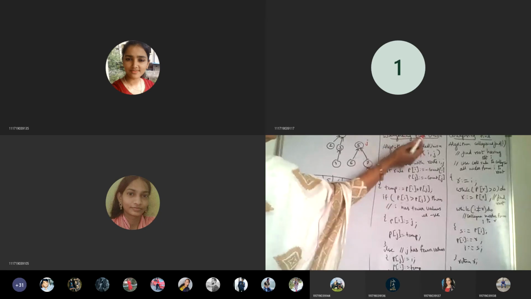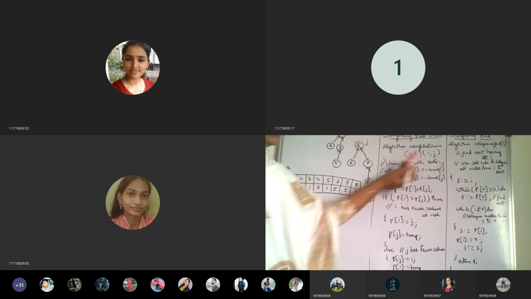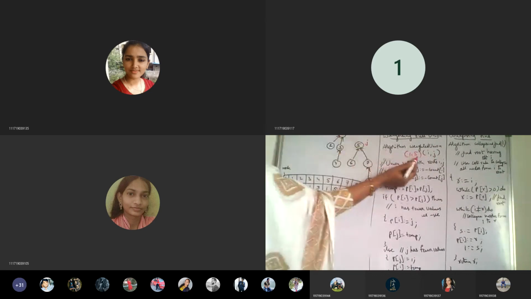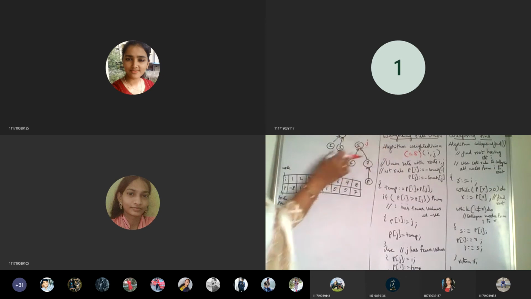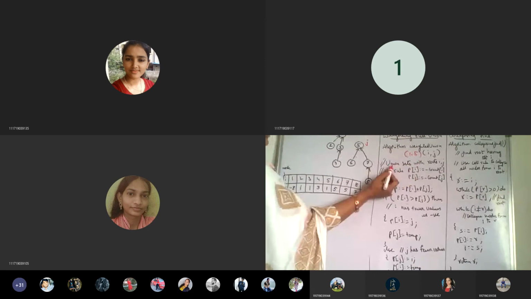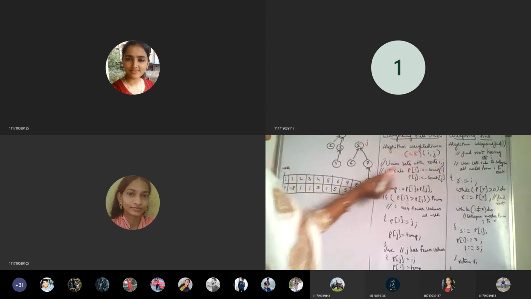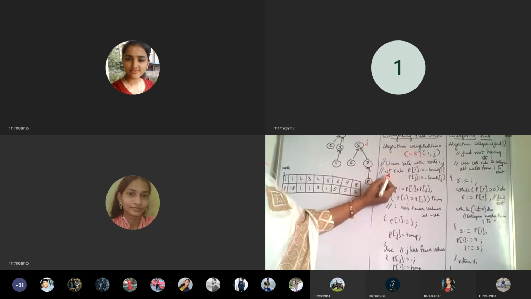Since we are doing weighing rule union, we write the keyword algorithm weighing rule I comma J. Whatever the roots are, those roots we are taking. So based on the weight, we are going to do the union of these two. So union sets with root I and J. So these have to be taken as a union.